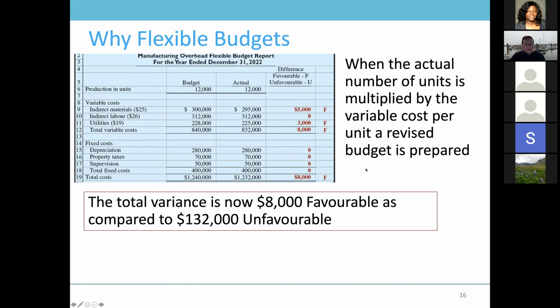So the total variance now is $8,000 favorable. In the previous chart, it's 132,000 unfavorable. And what's the difference? The difference is 140,000, the 8,000 favorable minus the 132,000 unfavorable.